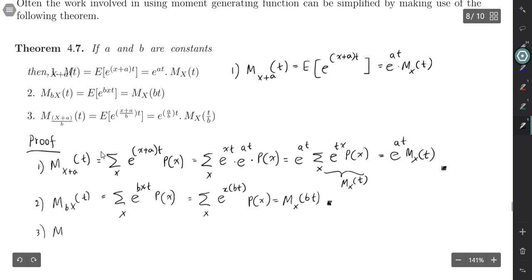Then the last one, (X plus a) over b, t, which is the sum of e to the power (x plus a) over b times t, p(x).